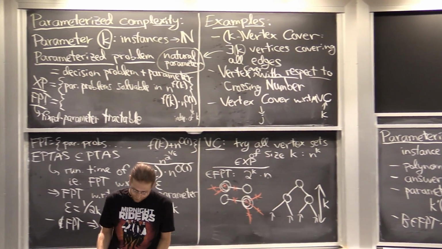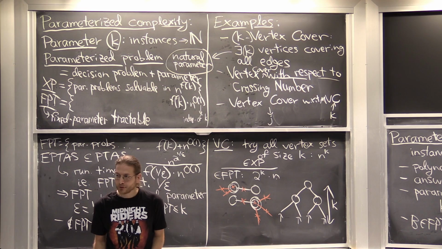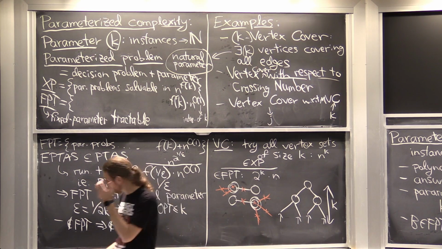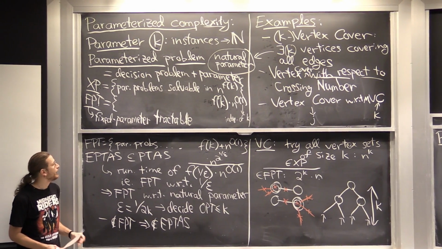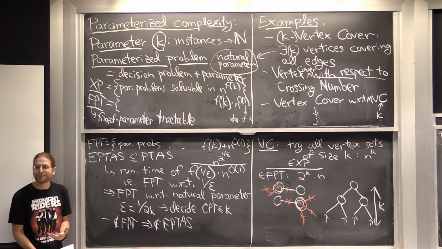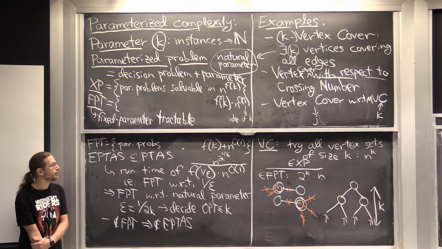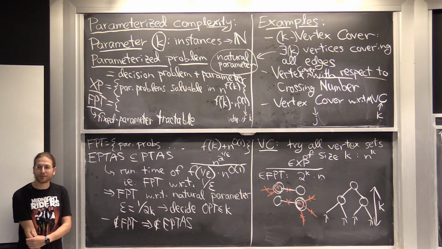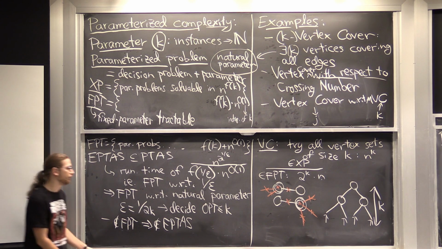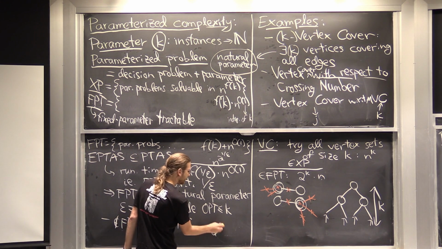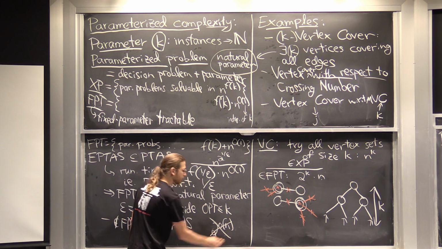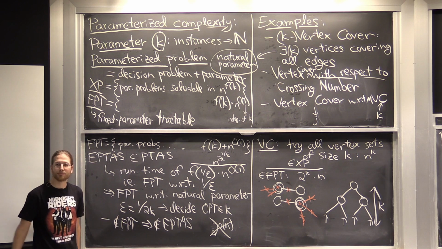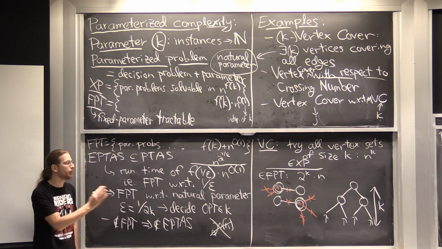What is the relationship between FPT and XP? Is there a relationship? FPT is contained in XP, and they are different if you believe the exponential time hypothesis. If you believe SAT does not have 2 to the little o of n algorithms, then XP and FPT are different, and many more things are different.